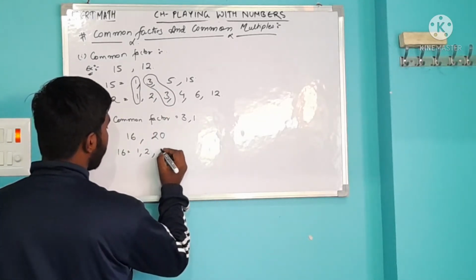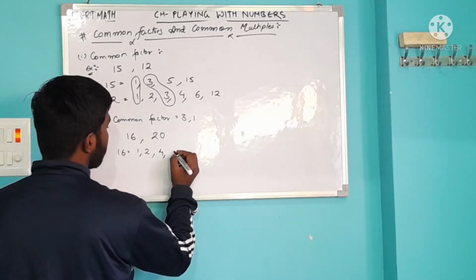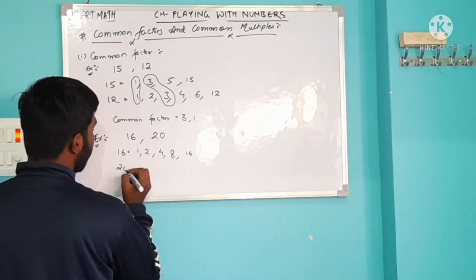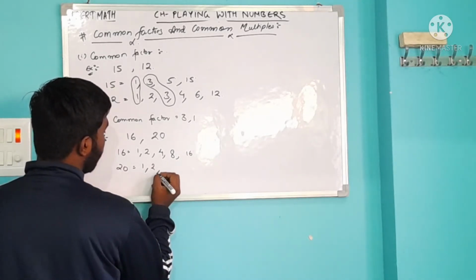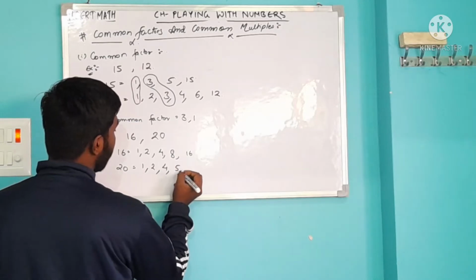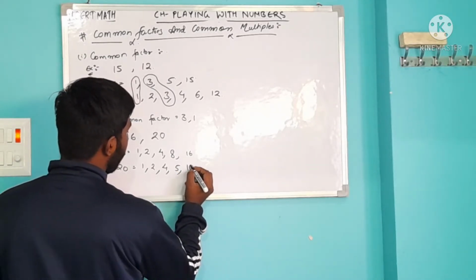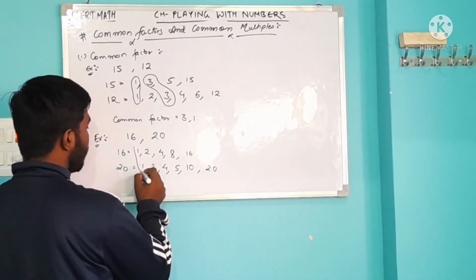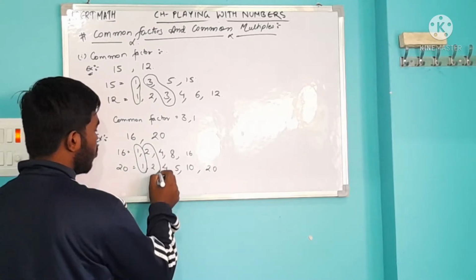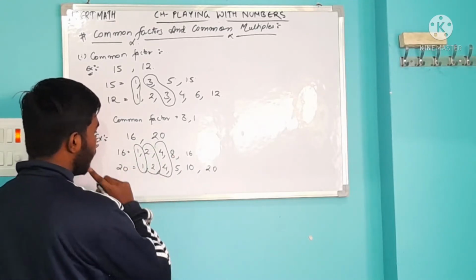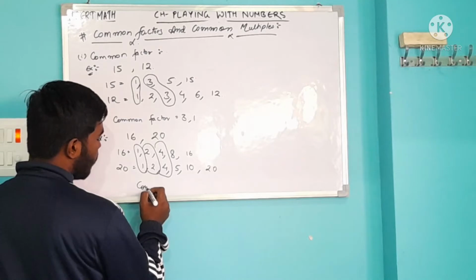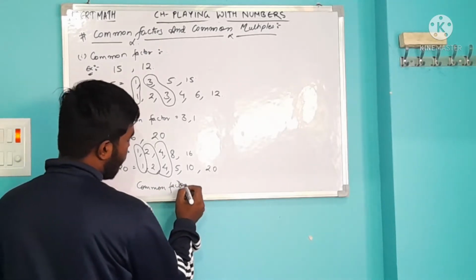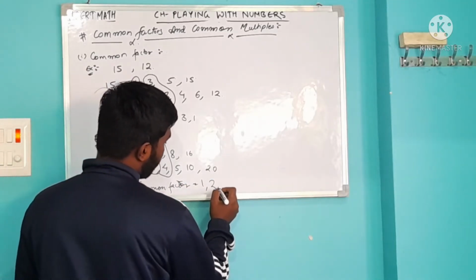For 20 we have 1, 2, 4, 5, 10, and 20 itself. So here we find 1 as our first common factor, 2 as our second, and 4 as our third. So the common factors will be 1, 2, and 4.